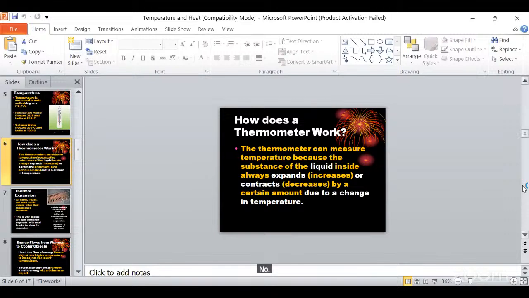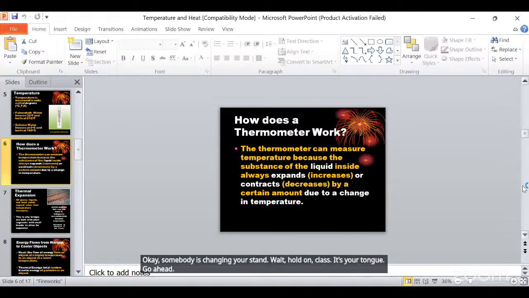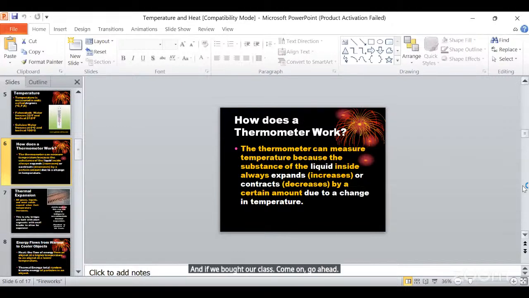Okay, somebody is talking. Wait, hold on, class. Abdullah, it's your turn. Go ahead. Liquid in glass thermometer. That is it.